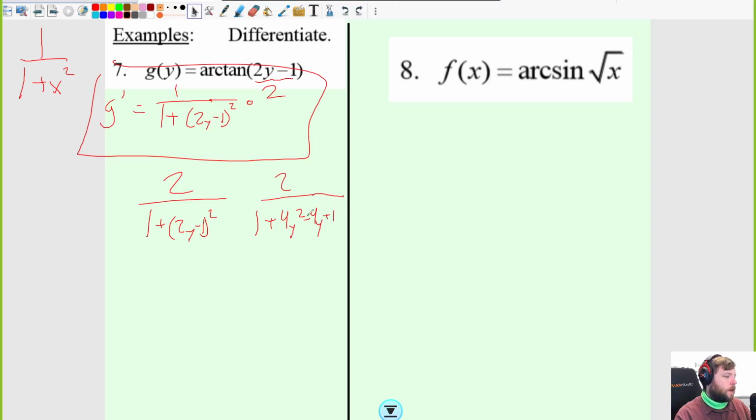And then it goes to 2 over 4y squared minus 4y plus 2. That means you could cancel out a 2 from everything. It's the same thing as 1 over 2y squared minus 2y plus 1. I don't see how that helps me, though. So I would leave it like this or like this.